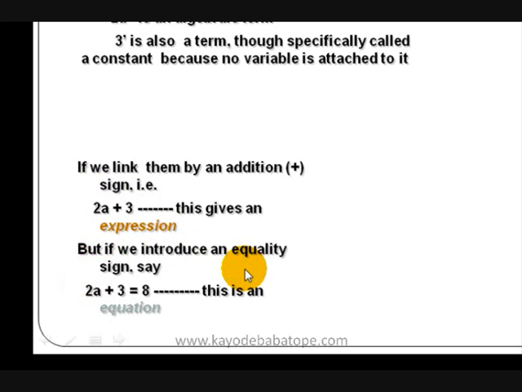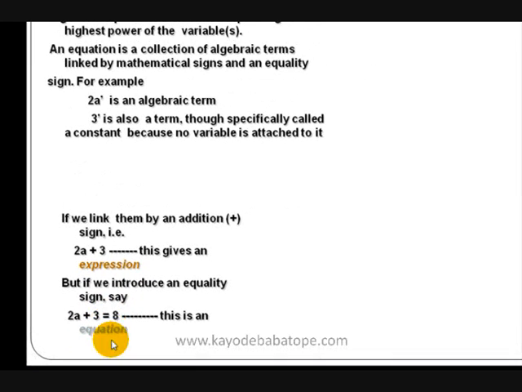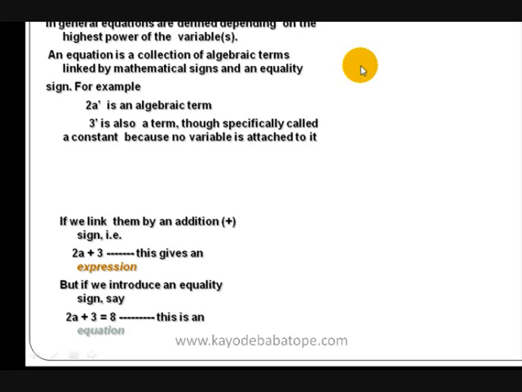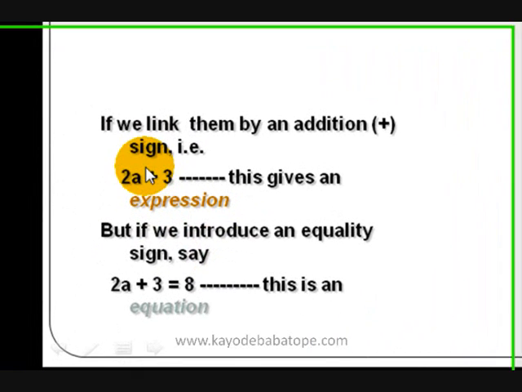But if we then introduce an equality sign, say 2a plus 3 equals to 8, this then becomes an equation. So you see now what we said earlier, that an equation is a collection of algebraic terms linked by mathematical signs and an equality sign. 2a is an algebraic term, 3 is an algebraic term, although most appropriately called a constant because it has no variable associated with it.